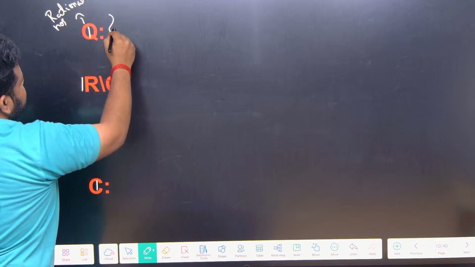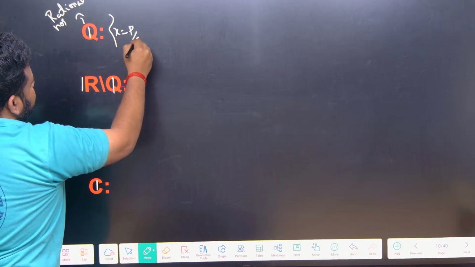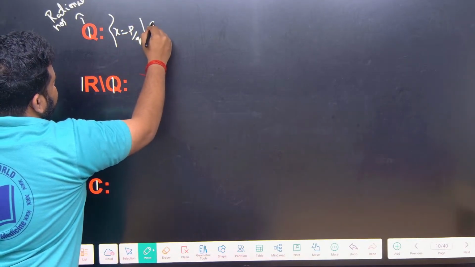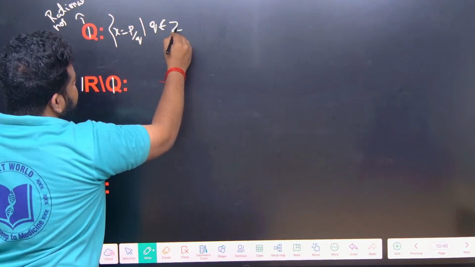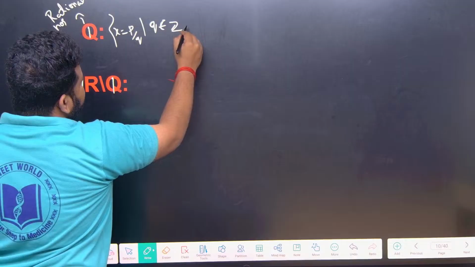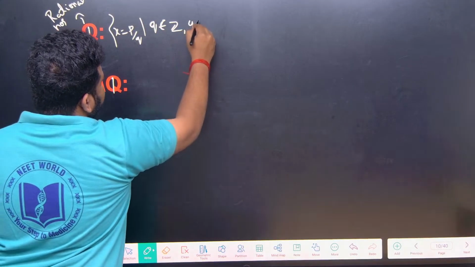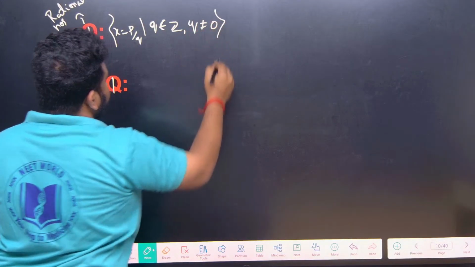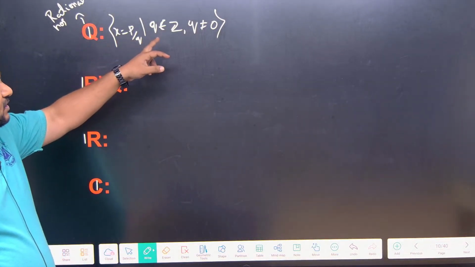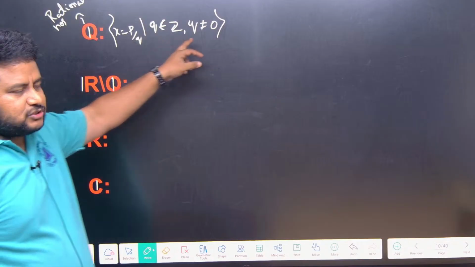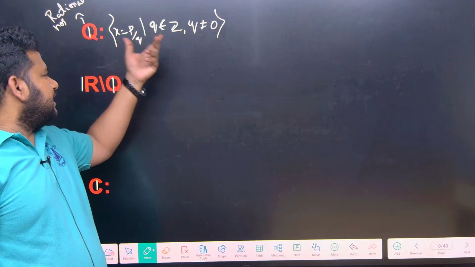It is written like this, where x is equal to p by q, such that q belongs to the set of integers, where q is not equal to 0. So x can be written as p by q, where q is an integer and q is not equal to 0. This is representing rational numbers.